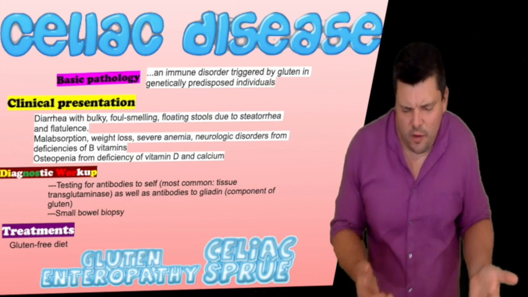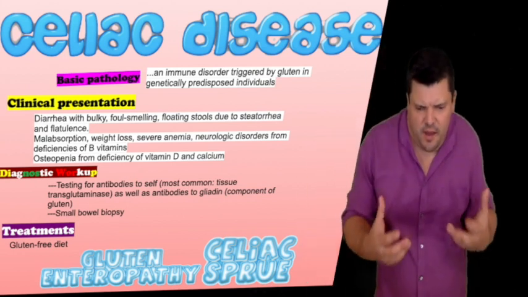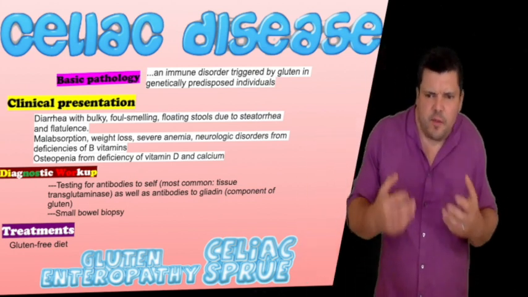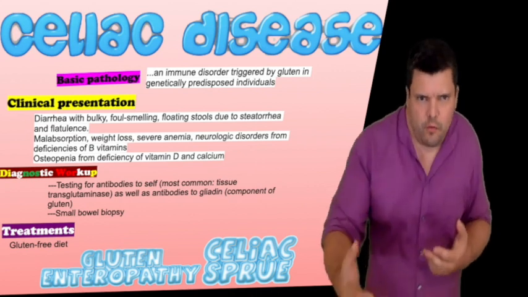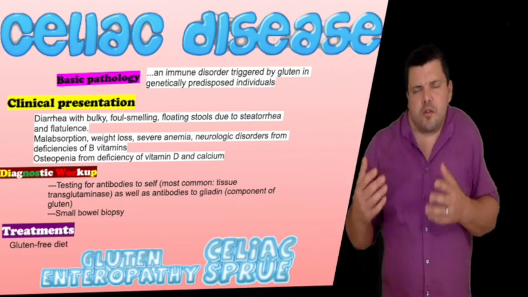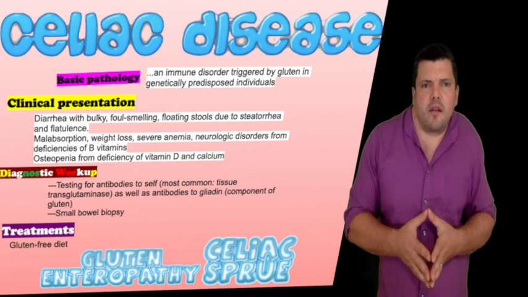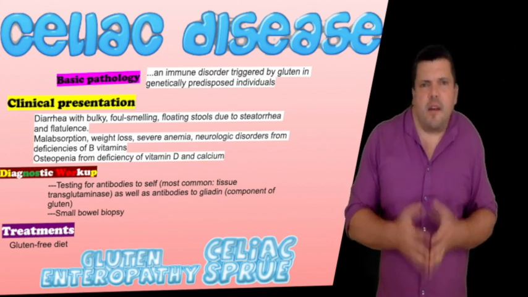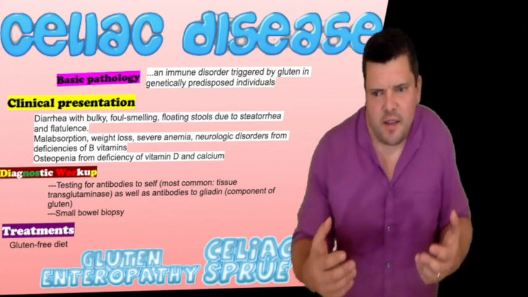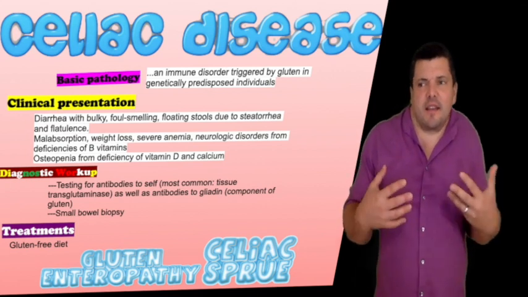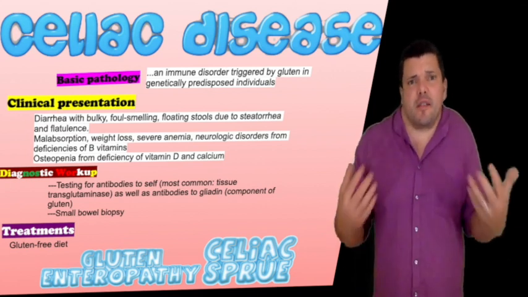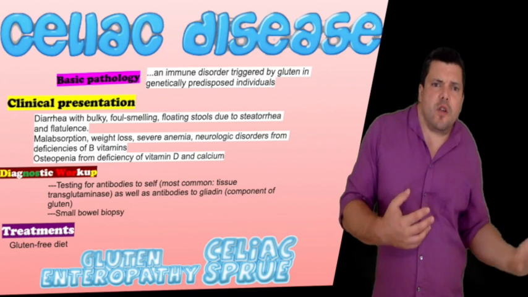The diagnostic workup for celiac disease really hinges upon finding specific antibodies to the gluten product and to tissue within the gut. But ultimately, at least with the patients that I've had, this disease is all about lifestyle and lifestyle changes.